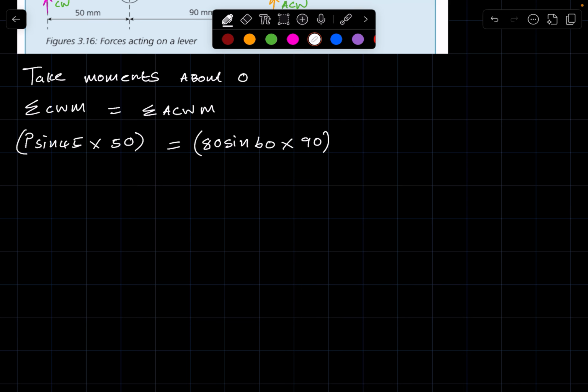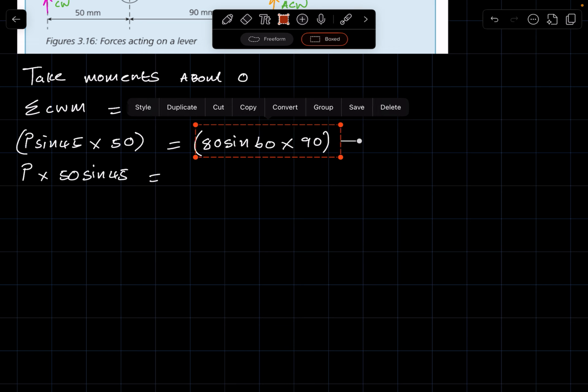Now this is what we have here. We are looking for force P, so this can also be expressed as P times 50 sine 45 is equal to, this remains the same.